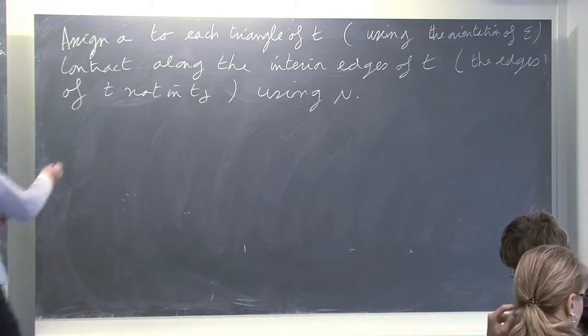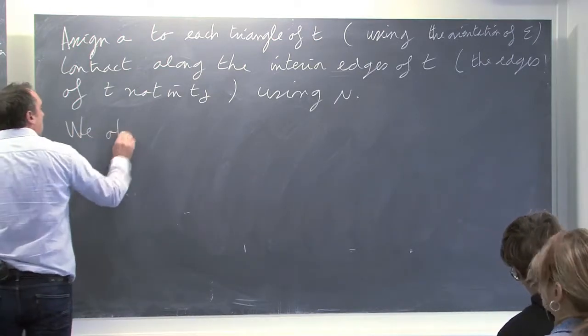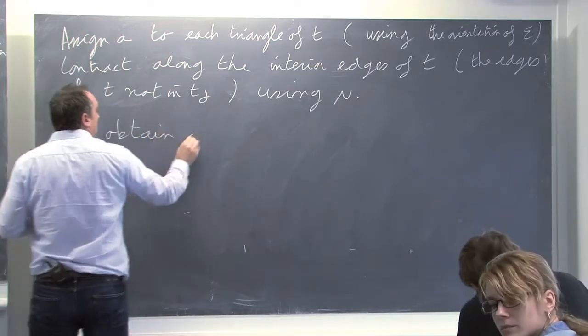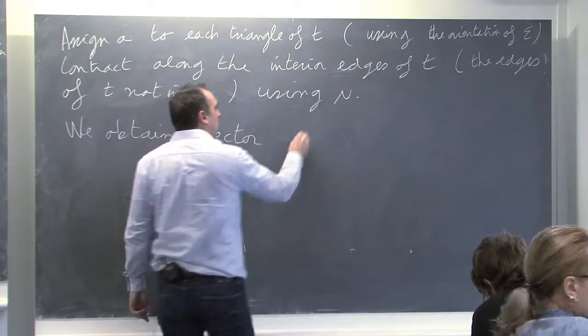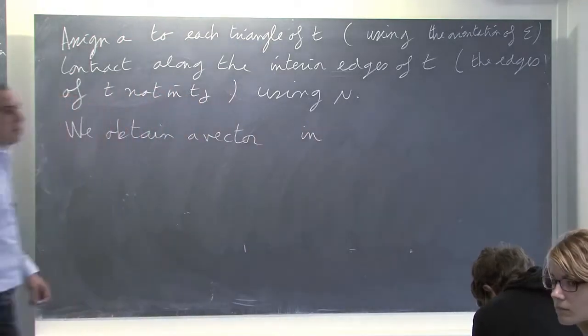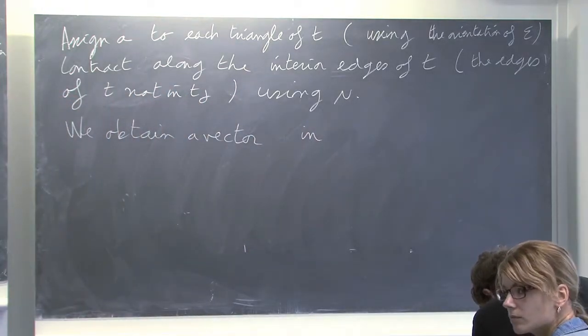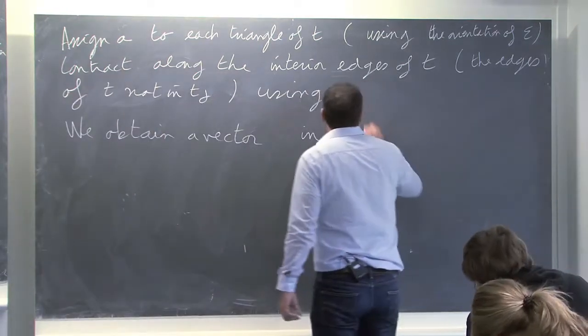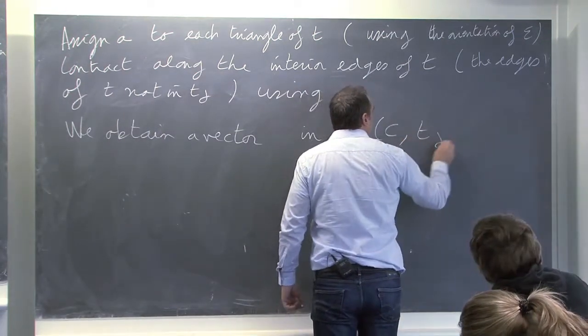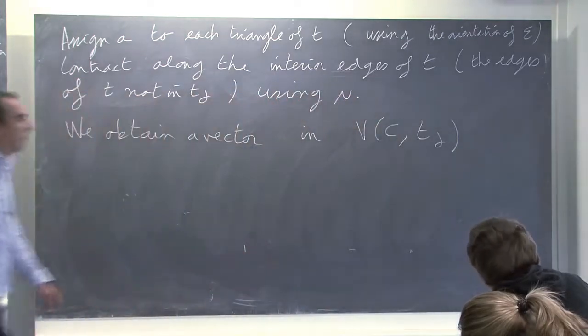We obtain a vector in what? In the tensor product, so in this vector space.